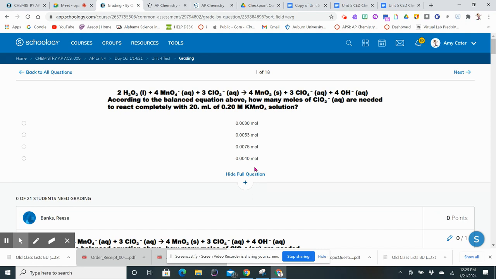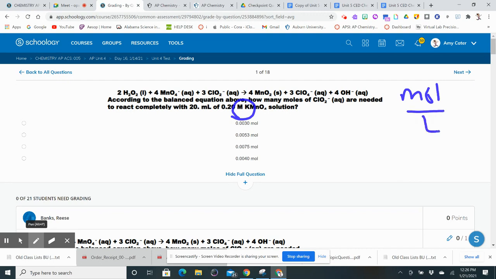It's a titration reaction, so that's your balanced equation. How many moles of ClO2 are needed to completely react with 20 milliliters of 0.2 molar KMnO4 solution? All right, so one of the main problems that we didn't think about is that capital M means moles per liter, not moles per milliliter.